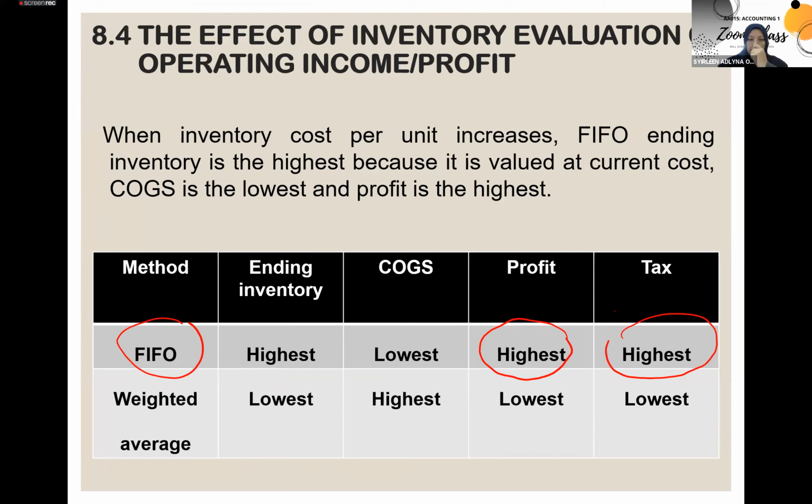Tapi kalau kita guna average method, your profit is slightly lower. Tapi bila pendapatan kita rendah, tax yang kita kena charge pun rendah. So dia ada pro and contra untuk both methods.